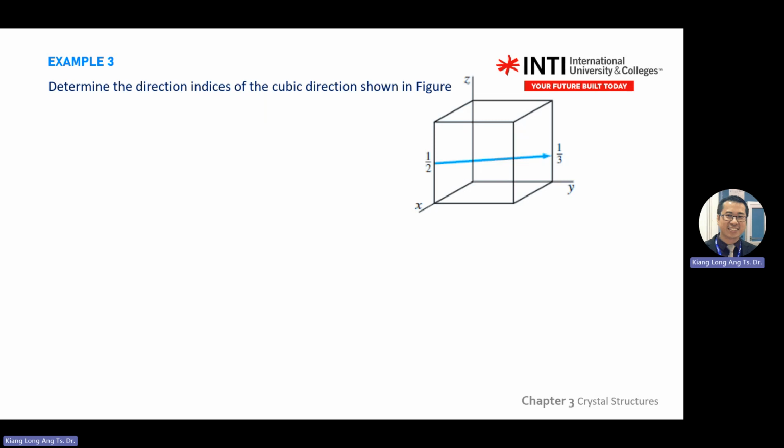How many steps do you move? Try to write something, then you check whether your answer is correct or not.